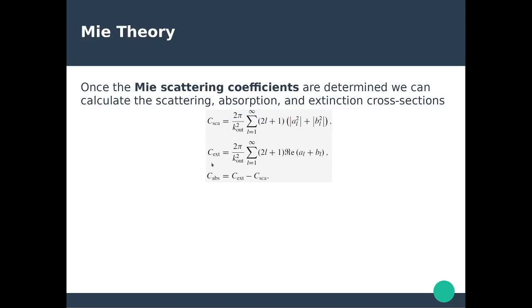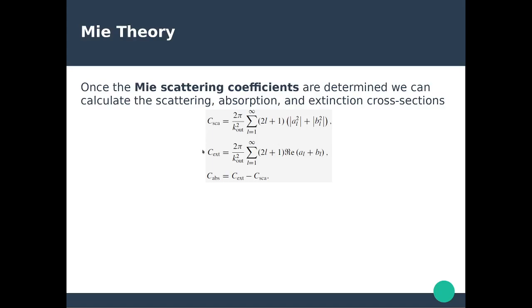You can calculate also the extinction cross-section. So you see that now you're taking the real part of this sum of coefficients, and by taking the difference between the extinction cross-section and the scattering cross-section, then you can obtain the absorption cross-section.